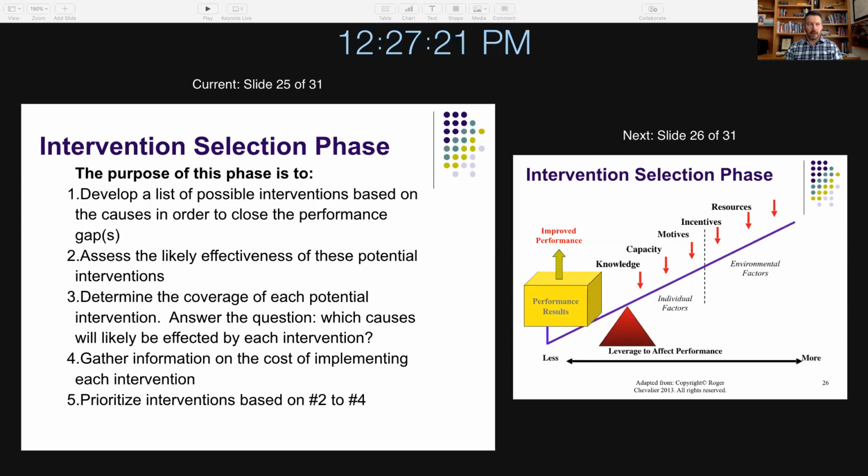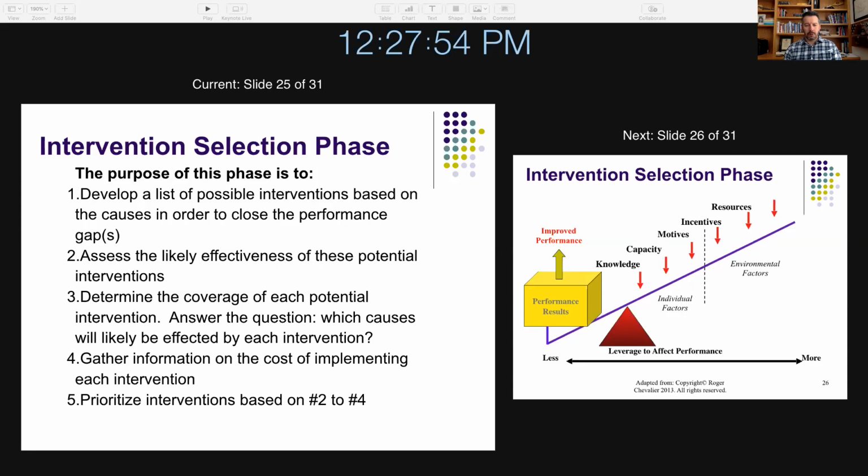For example, if we go back to my example about a cause being closed, or that gap being closed on the information side and also on the skills and knowledge side, you might have one solution that addresses both of those. You might say, well, skills and knowledge, we really don't want them to be trained too much because they're going to forget it.